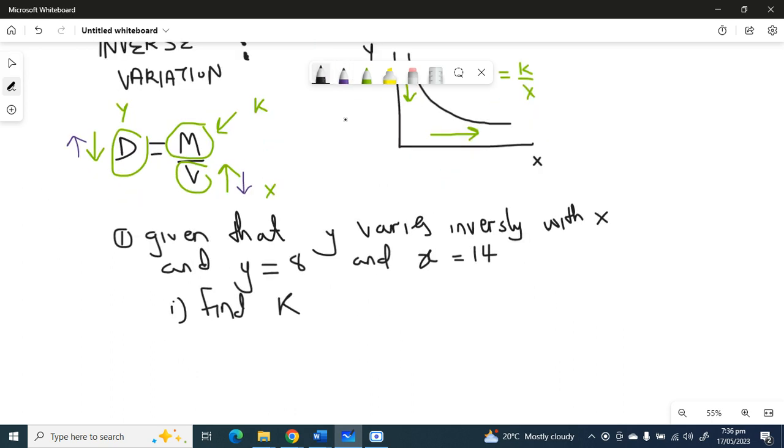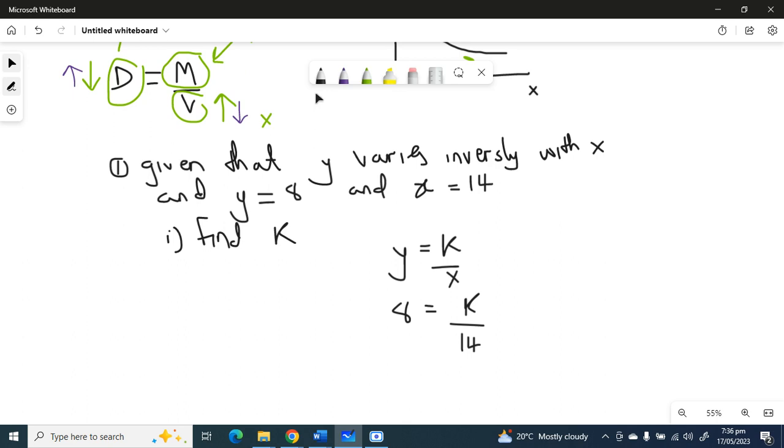Again, we are going to use this formula: Y equals K over X. In this case, Y equals 8 and X equals 14. So get your calculator. To get our value of K, we say K equals 8 times 14. What is 8 times 14?